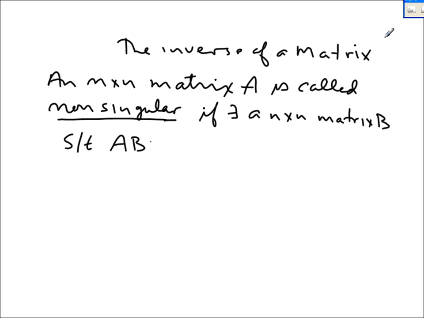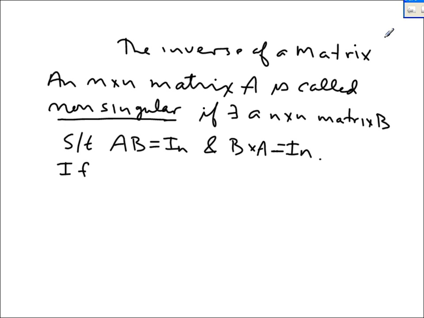A times B is the n by n identity matrix, and B times A is also the n by n identity matrix. A times B and B times A must be the identity matrix. And that's the end of the definition.